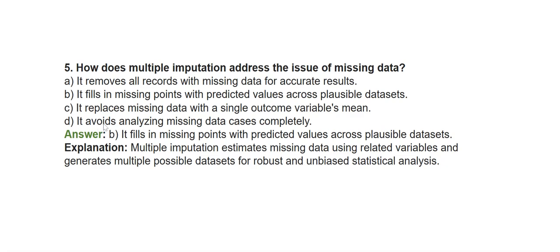Or D, it avoids analyzing missing data cases completely. So it is B, it fills in missing points with predictive values across plausible datasets, as multiple imputation estimates missing data using related variables and generates multiple possible datasets for robust and unbiased statistical analysis.